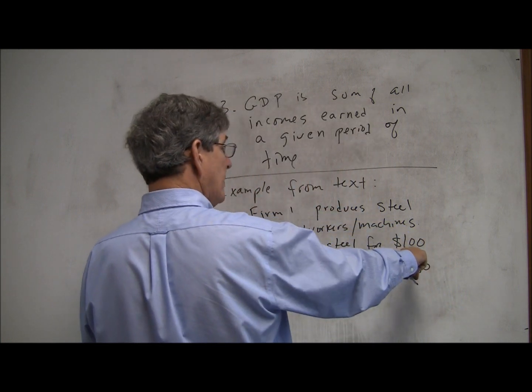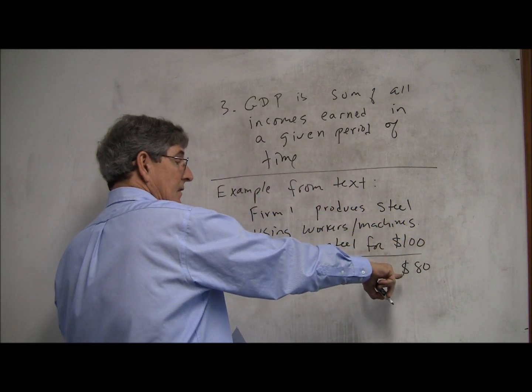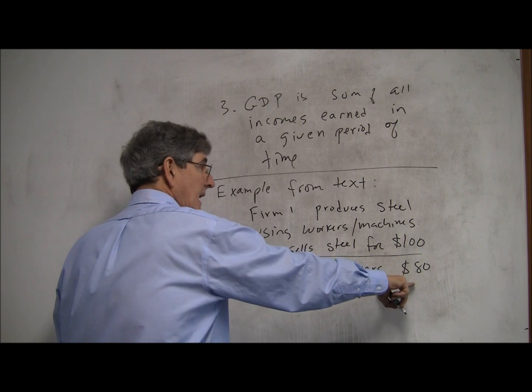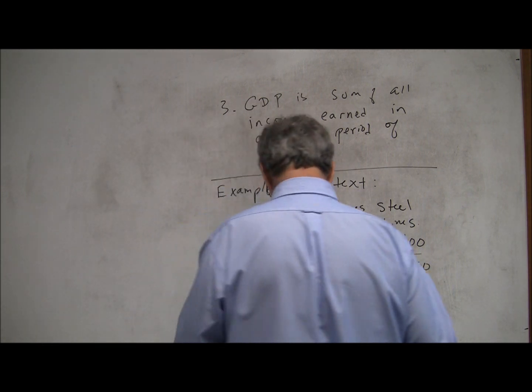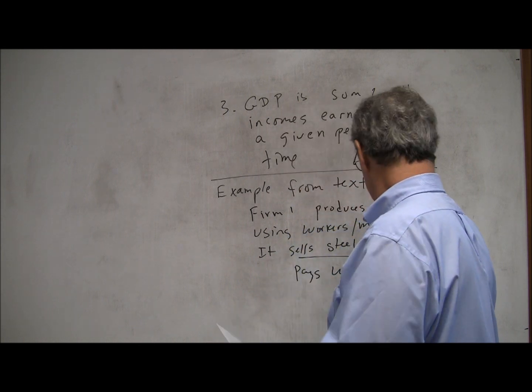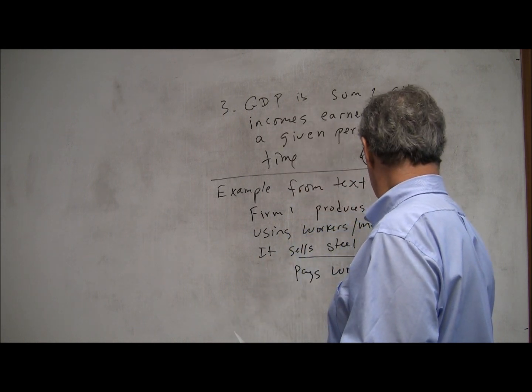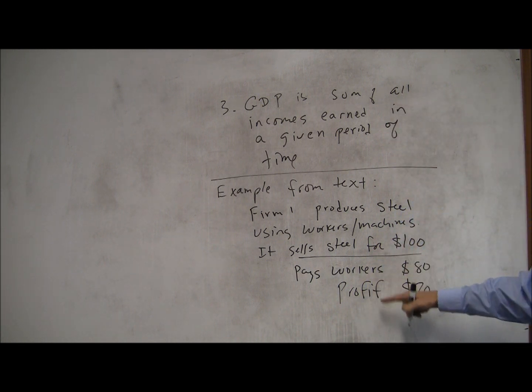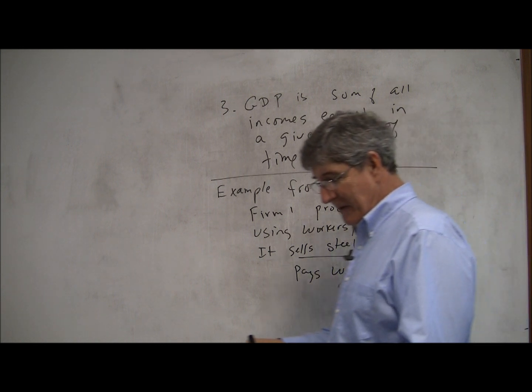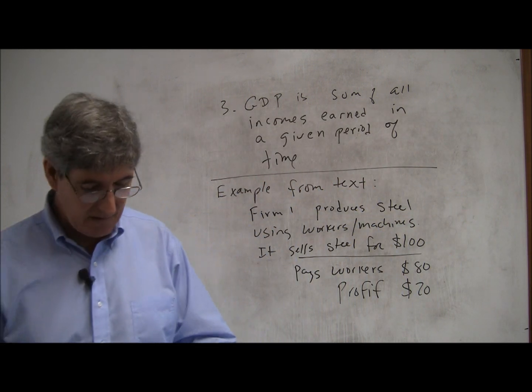So that means if the output was $100 worth and the workers were paid 80, the return to the capitalist who owns the machines, the profit, is going to be 20. So profit is 20. So the sum of the incomes equals the output. Income equals GDP. Again, we'll see this more explicitly later.